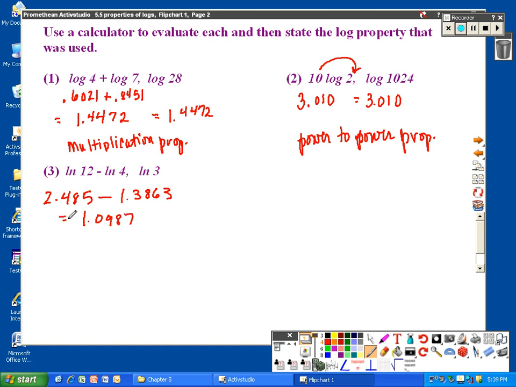That should be the same as natural log 3, which is 1.0987. What rule was applied? When do we subtract powers? When we divide. So this is the division property of logs. Whatever you do to exponents, that's the same thing you will do to break up the logs, because exponents and logs are the exact inverse of each other, so the exact same properties will apply.